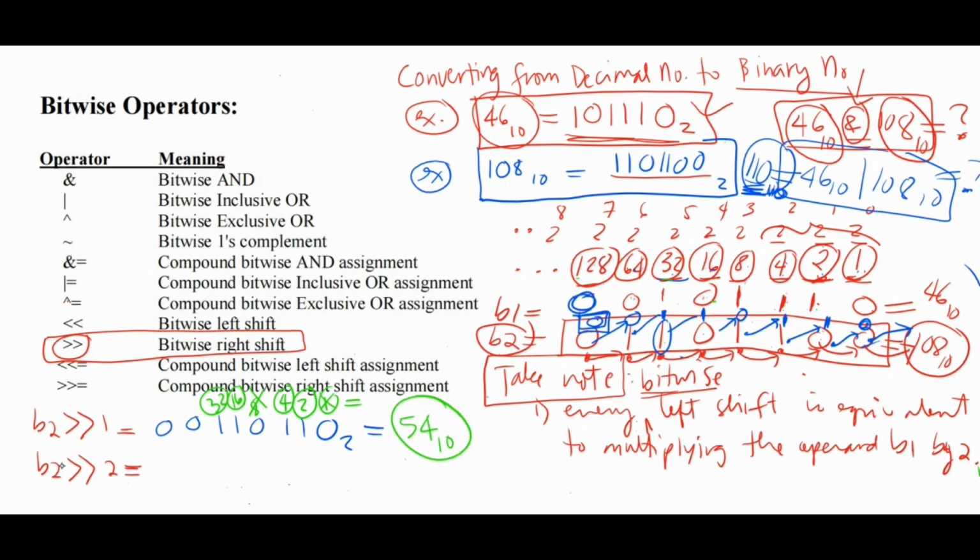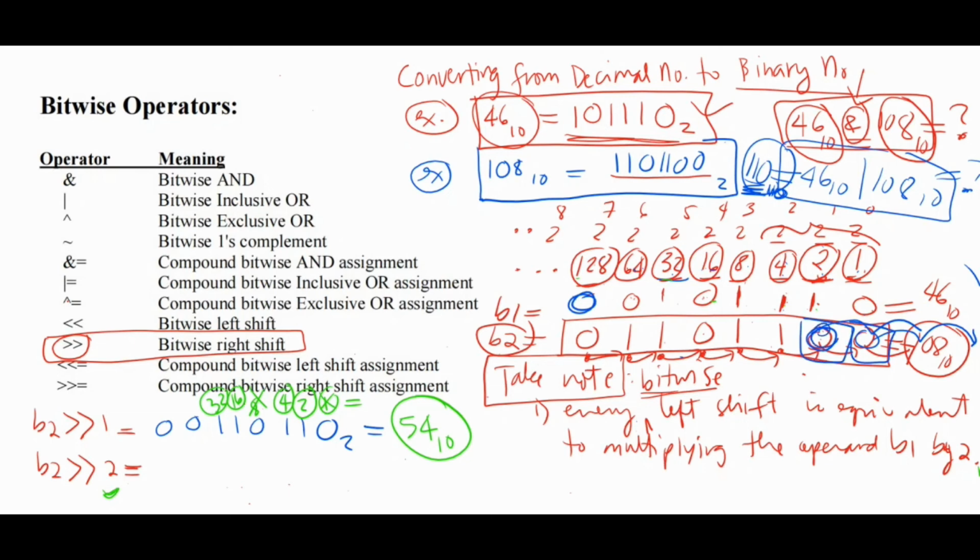And for the second expression, shifting it to the right twice, this one moves 1, 2 positions to the right. So 2 bits are lost.